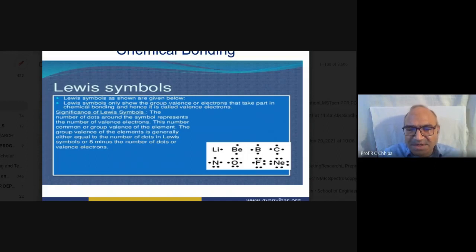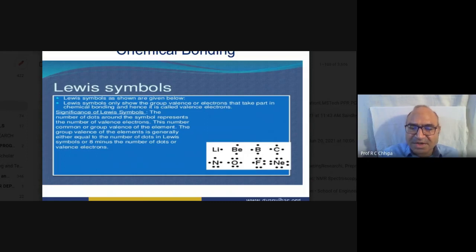In the case of lithium, the electronic configuration has three electrons present in their different atomic orbitals. Lithium can be represented by a single dot. So the single dot is the valence electron.